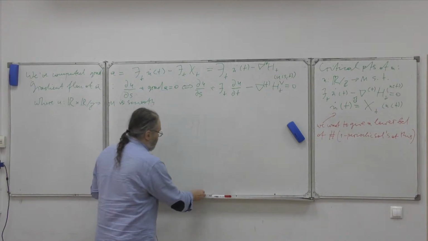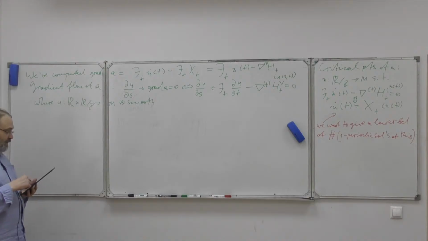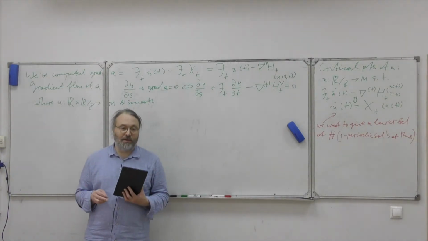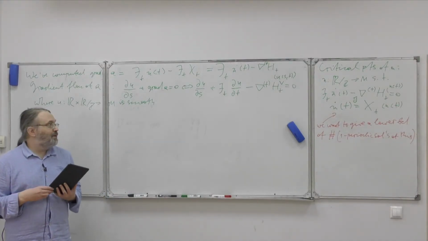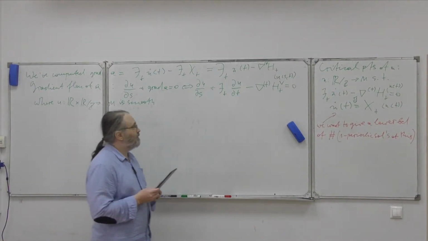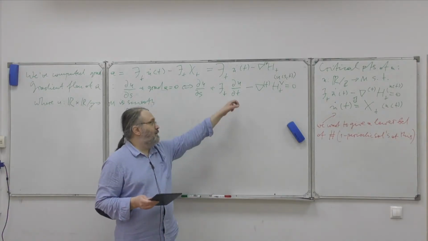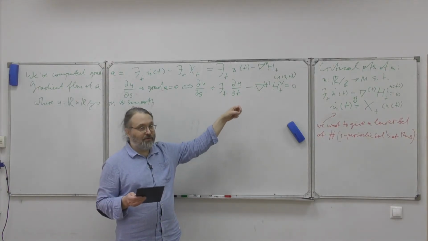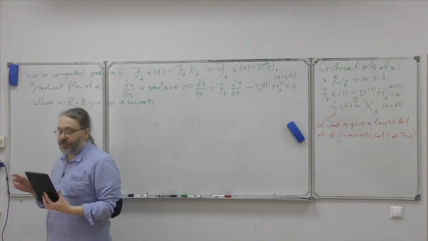So we have the gradient flow. What does it have to do with periodic solutions? Under some assumptions, finite energy, a solution of this equation will converge to a periodic solution when t goes to plus or minus infinity.